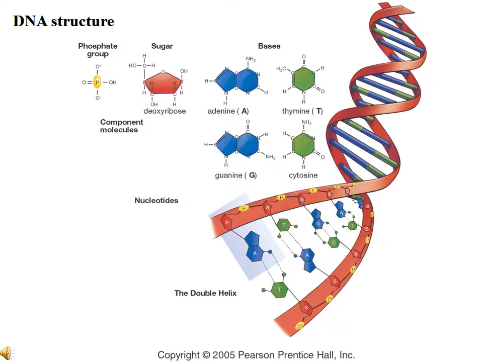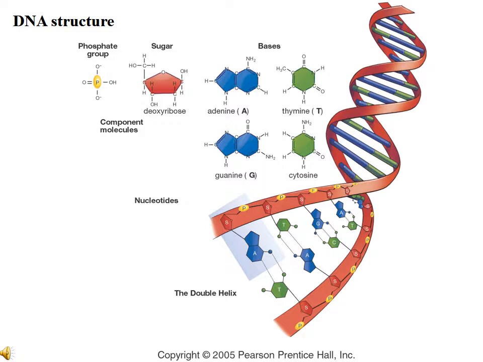DNA will have 4 different types of nucleotides. Each nucleotide will have a different base. For example, you have adenine, guanine, cytosine, and thymine. Each of these bases will combine with a sugar and a phosphate to form a nucleotide.